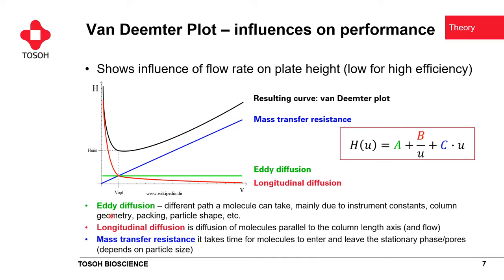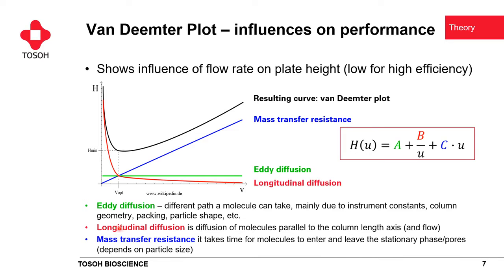And you can imagine if we have a very high flow rate, this longitudinal diffusion decreases as simply we don't have so much time for diffusion to occur, and the molecules themselves, they are pushed to the end of the column at the very same time.